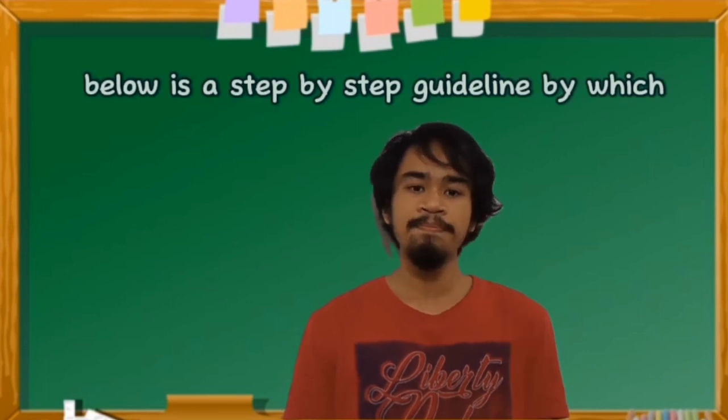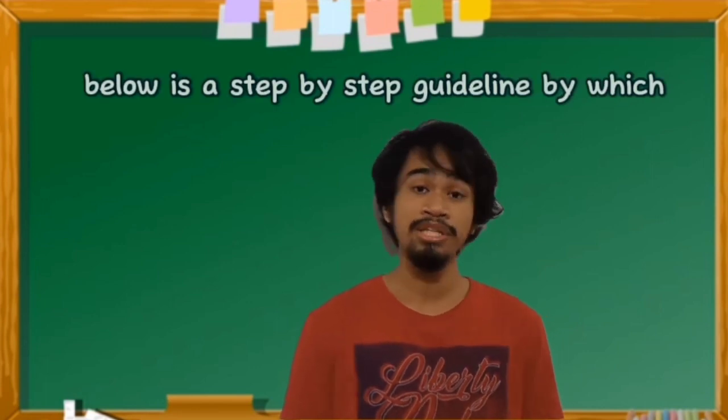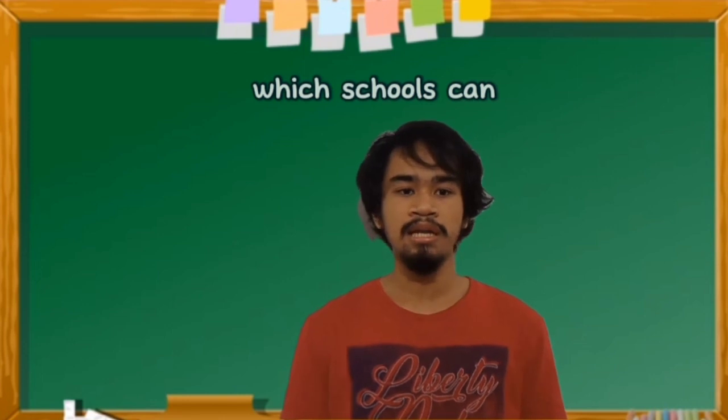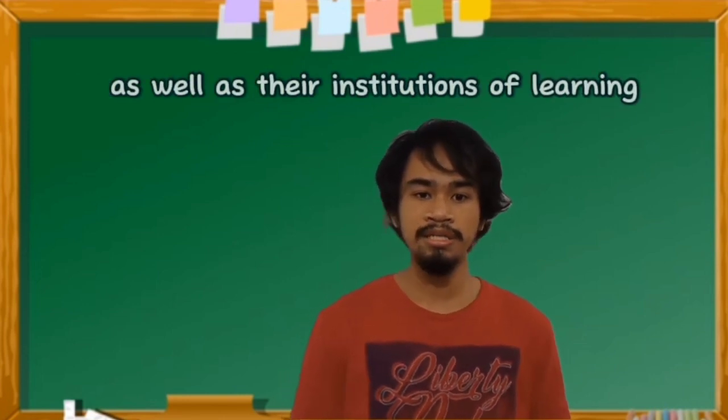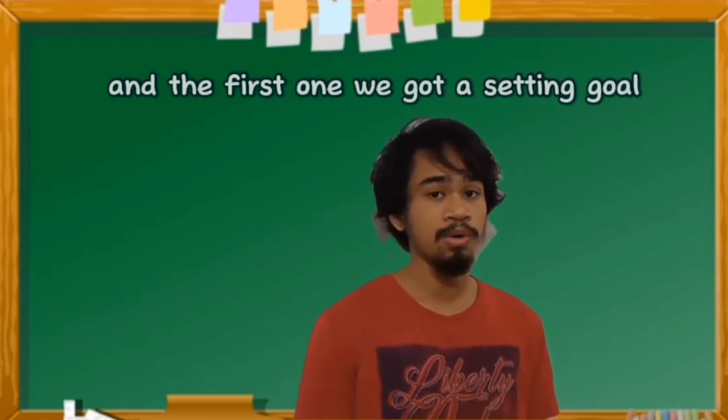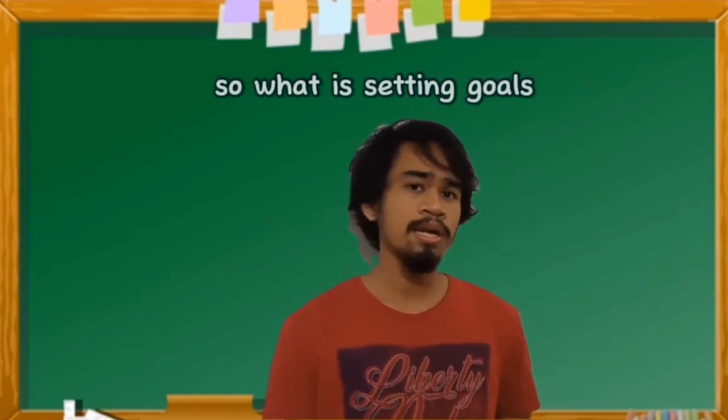Below is a step-by-step guideline by which schools can evaluate the value of educational technology as used in their institutions of learning. The first one is setting goals. So what is setting goals?